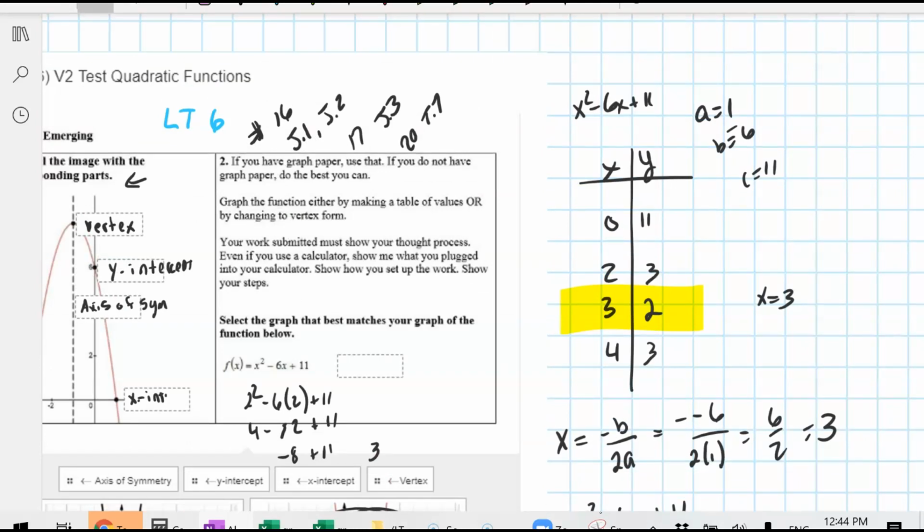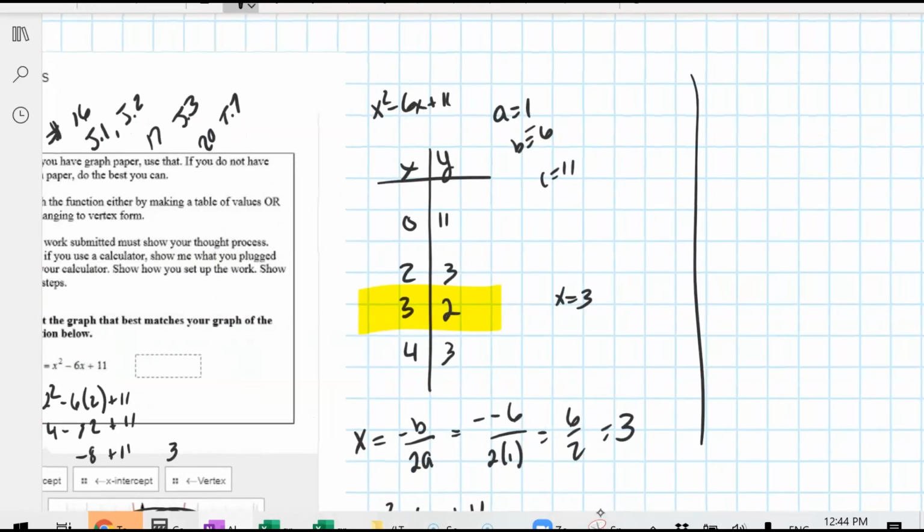If you didn't want to do it that way and you wanted to do it by changing it to vertex form, you got x squared minus 6x plus 11. You take your x squared minus 6x, you leave a big space, you put 11 way over there. And we're going to put it in nice pretty purple.